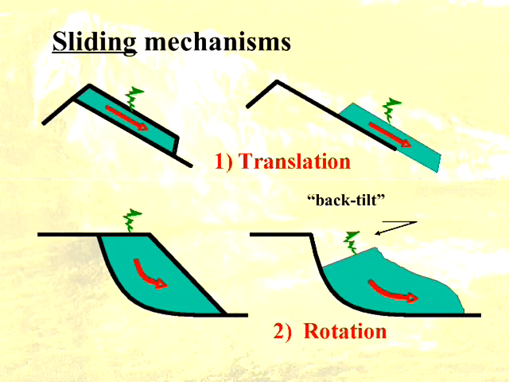The sliding body can remain intact. Therefore the internal mechanics of the slide does not play an important role, and the landslide can be analyzed using rigid body mechanics, basically. So those are the two rigid slides.